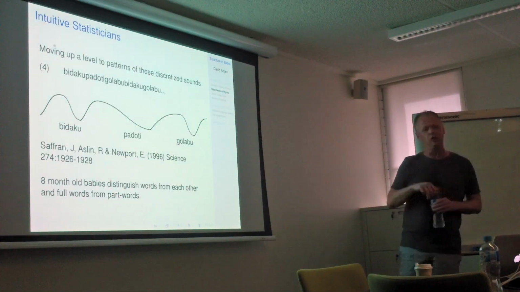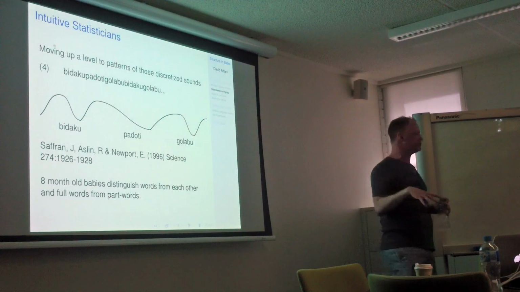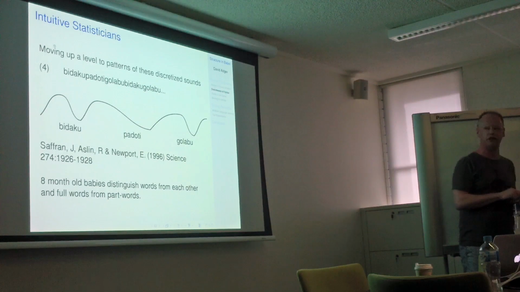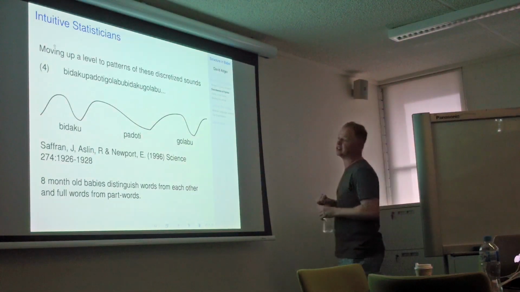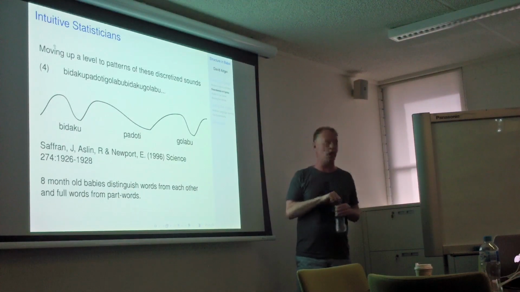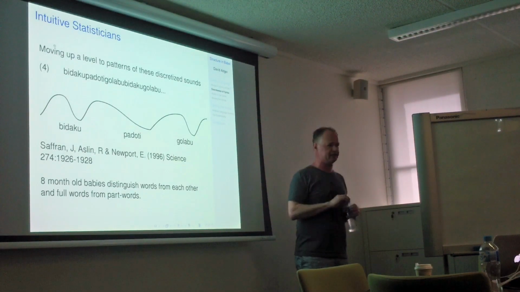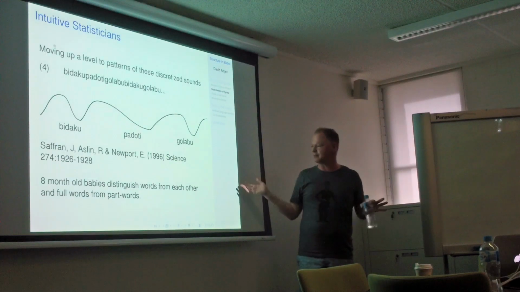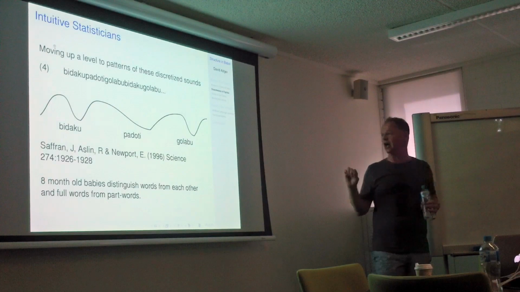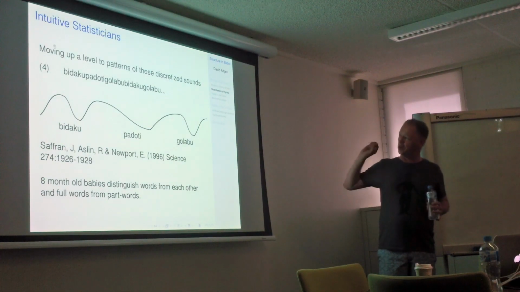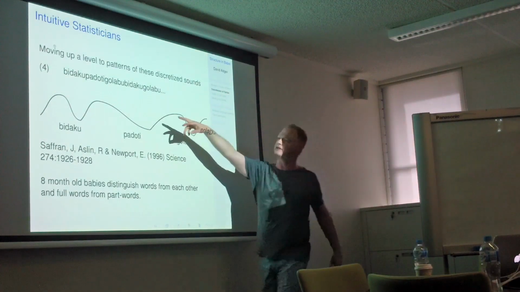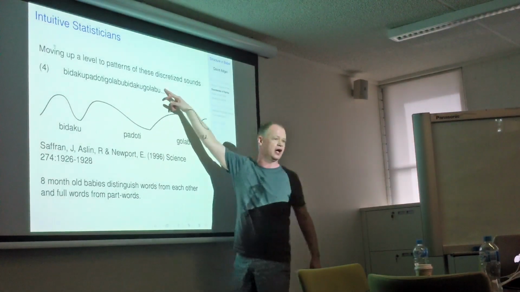Okay, what about moving up a level? So we just talked about sounds, but we can also see discreteness in the way that sounds compose into units. We can see this from very famous experiments done in the mid-90s on little 8-month-old babies. Again, this might be something you know about quite well, but what Saffran and her co-workers did was play these 8-month-old babies synthesized sequences of sounds, right?